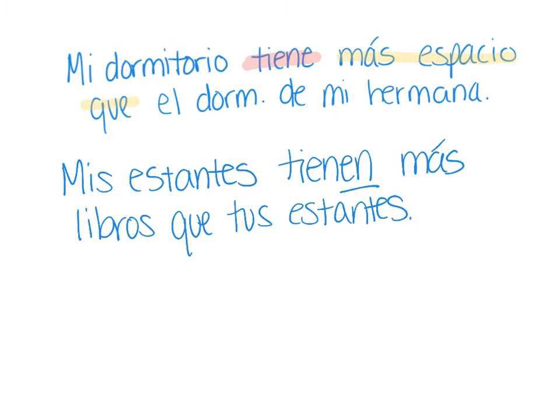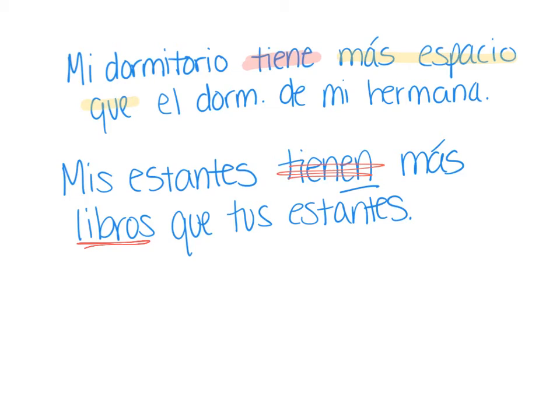Okay, so again, tienen this time because it goes with shelves, plural. Más libros, okay, more books than. And you'll notice instead of an adjective this time, I used a noun. I was comparing things.